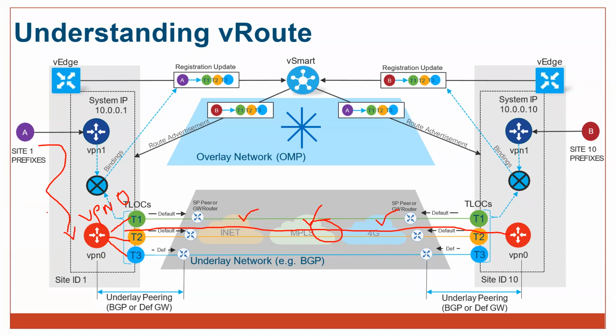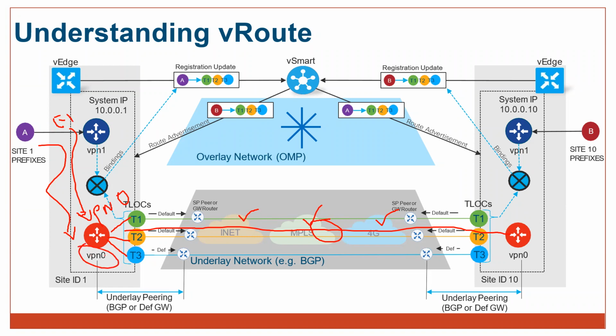Maybe we have some static route underpinning, suppose this is say ETH1, for example. ETH1 is pointing towards VPN 0. Like that, we have a static route within the fabric. So somehow the VPN prefixes know how to reach VPN 0 internally.